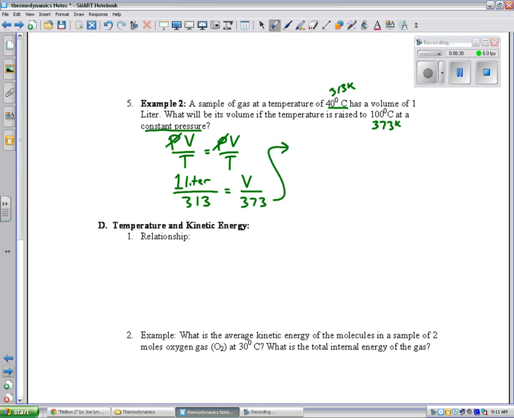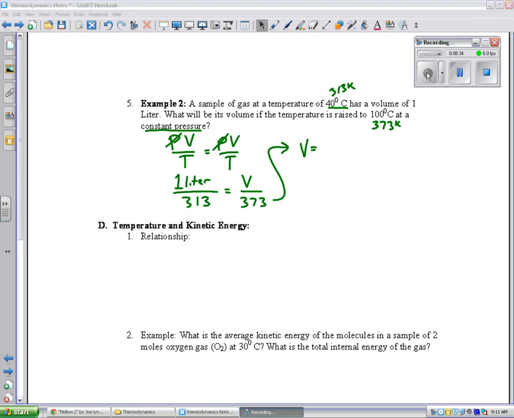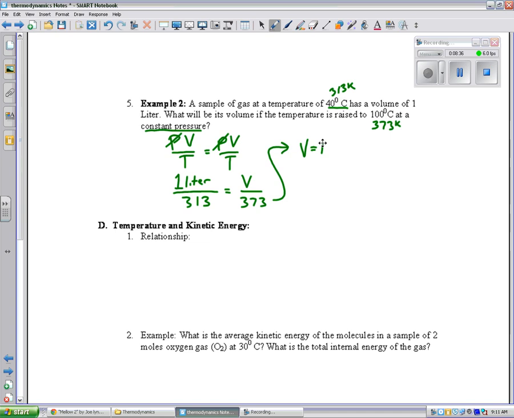When I solve this, I end up with a volume of 1.19 liters. I didn't convert the liters, I left it in liters. Just remember, if I have liters on one side of the equation, I'm going to end up with liters on the other side. And this makes sense. The temperature went up a little bit, so the volume should go up a little bit.